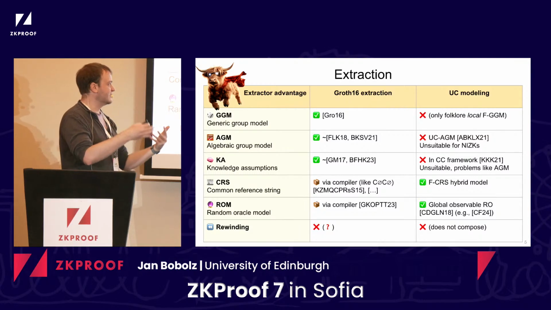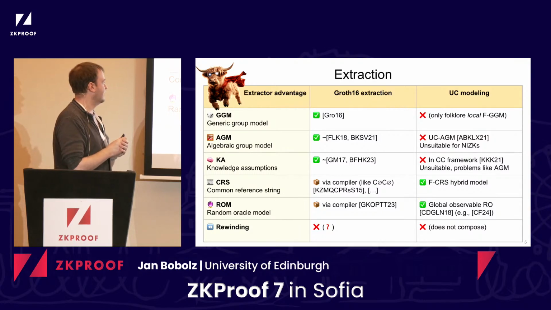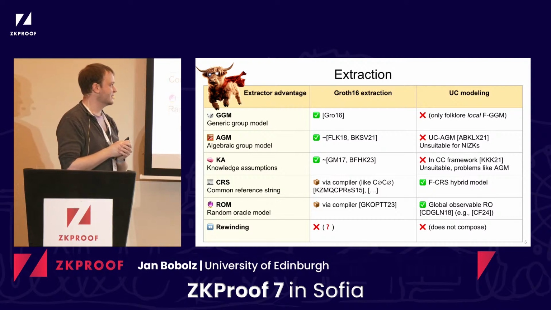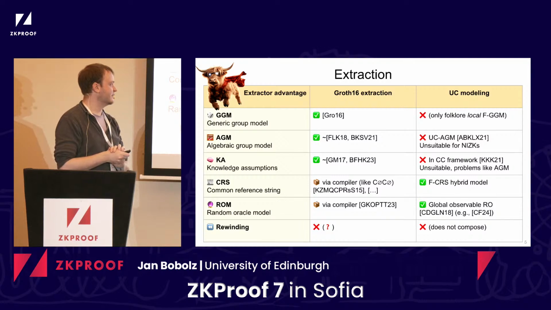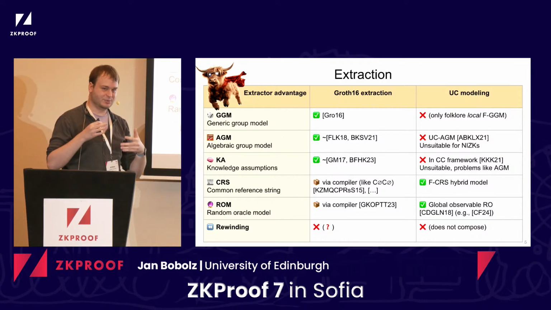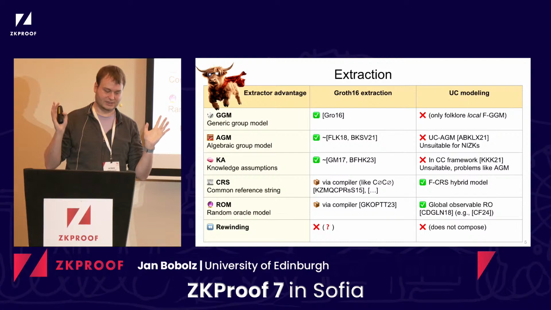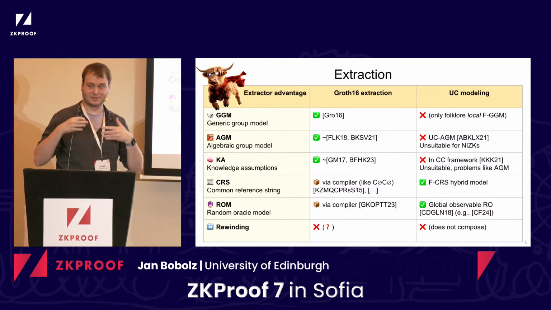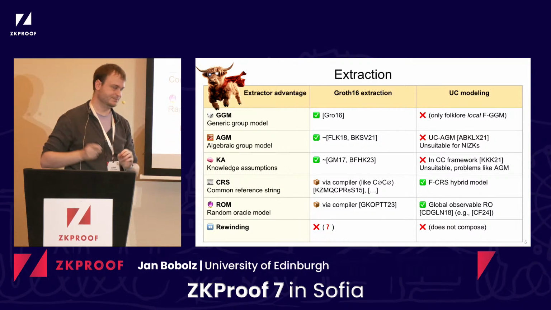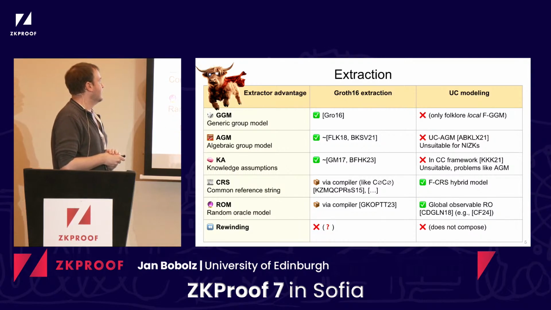There are some models in UC that model, for example, the AGM and knowledge assumptions, but they turn out not to be suitable for non-interactive zero-knowledge proofs. And they also point out a bunch of inherent restrictions that the AGM has when it comes to composition, even outside of UC.